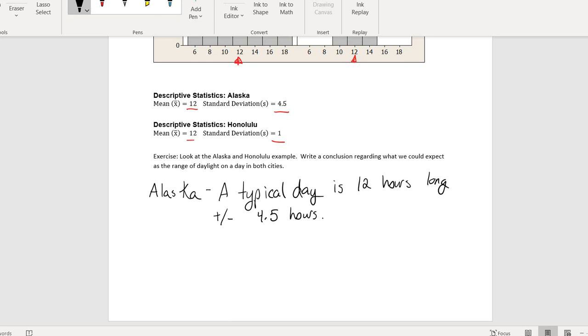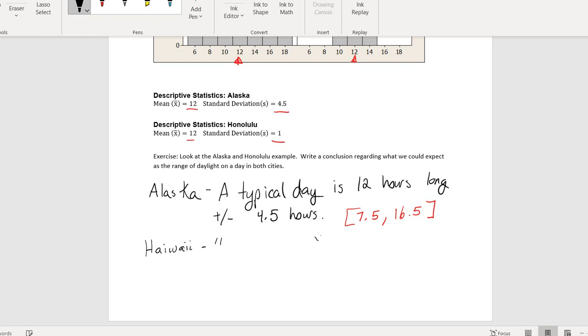Another way you could say that is that it's between, so if we subtract 4.5 hours from that, that would be 7.5, and then add 4.5 hours, that would be 16.5. Now when we're talking about Hawaii, we would say the same thing.